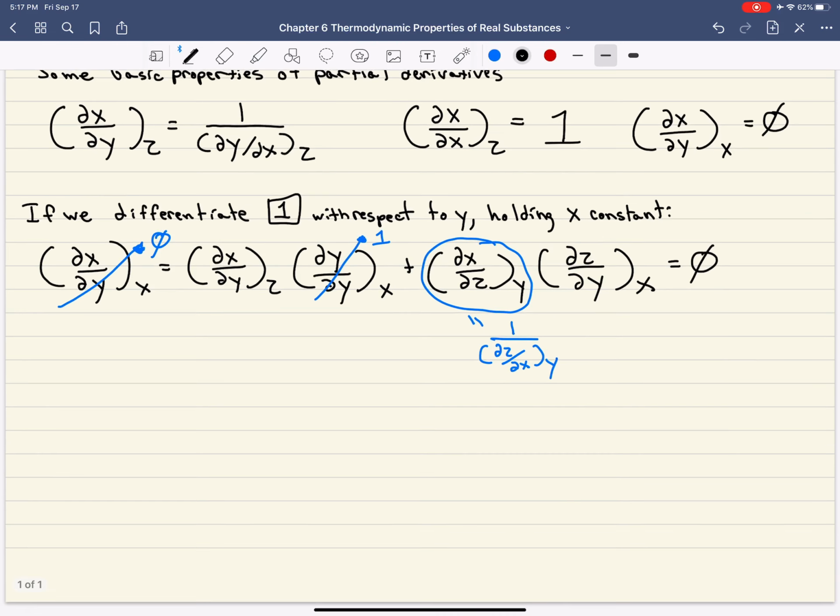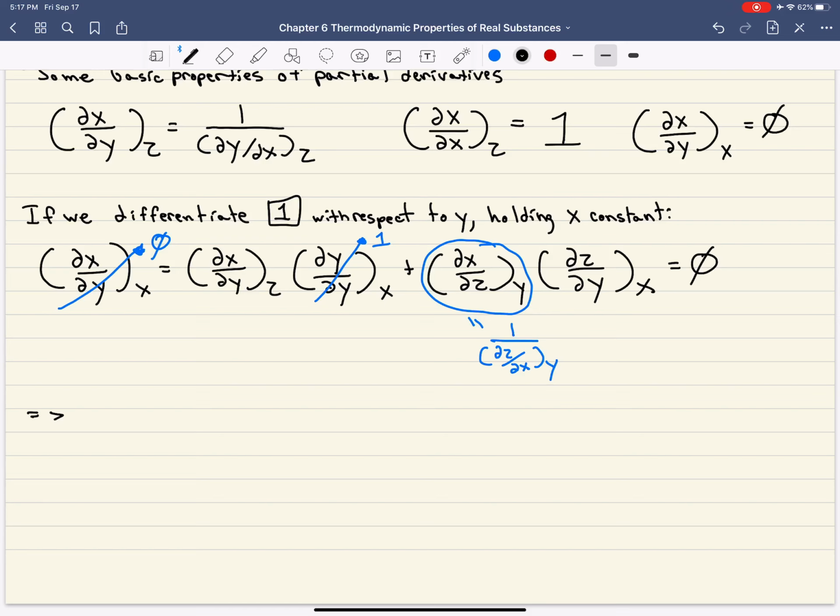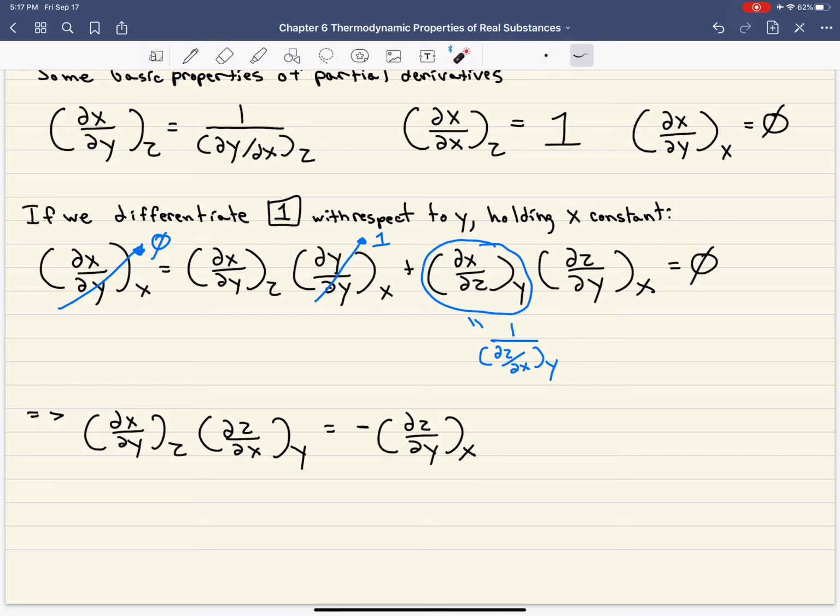We could rearrange this equation so that we get that (∂x/∂y) at constant z times (∂z/∂x) at constant y is equal to negative (∂z/∂y) at constant x. Okay?